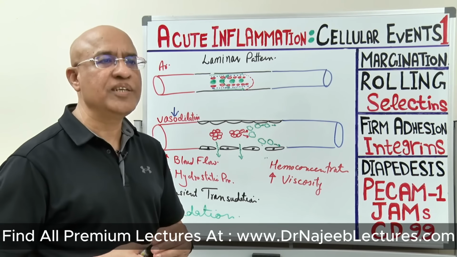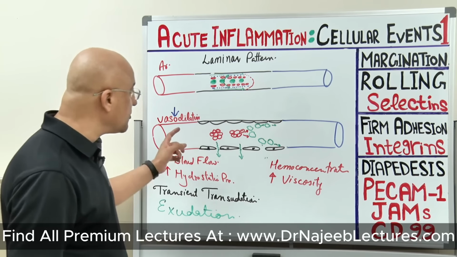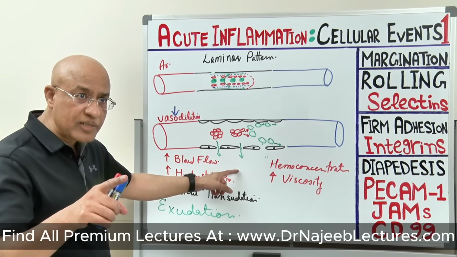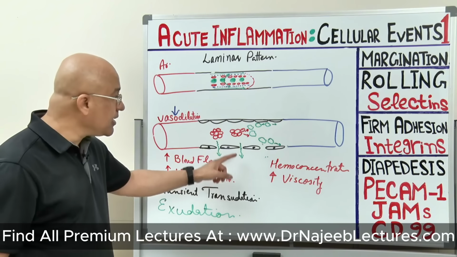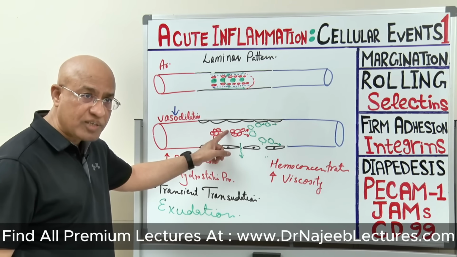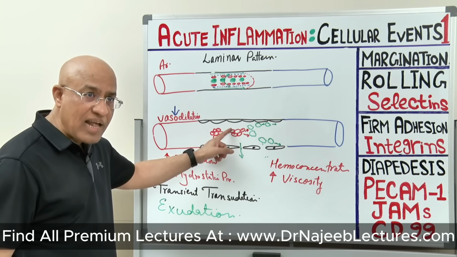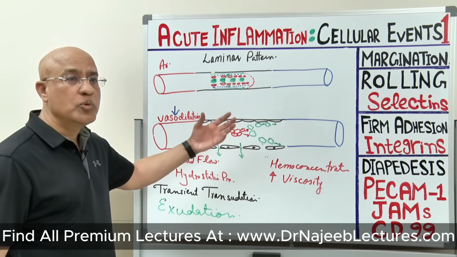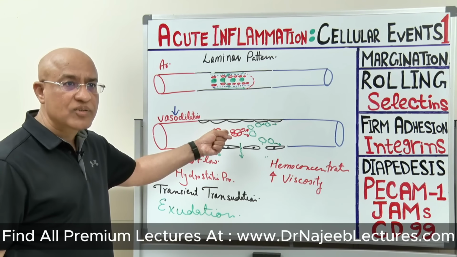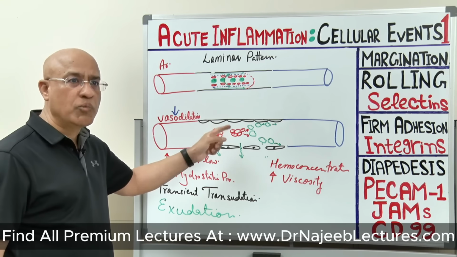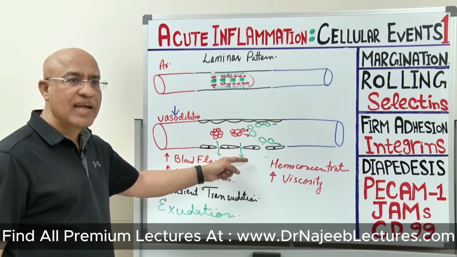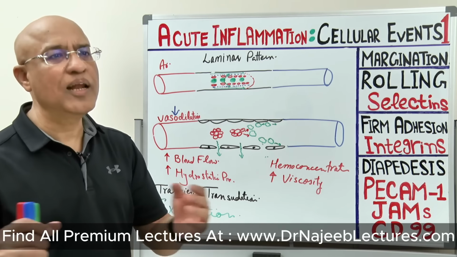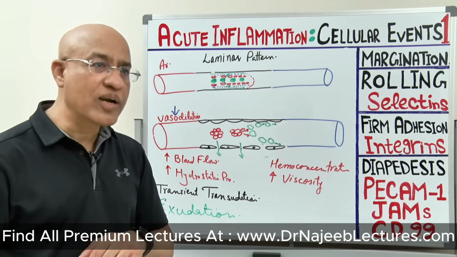All these chemical mediators, by mediating the vasodilation and by increasing the permeability of the microcirculation, lead to hemoconcentration and viscosity and congestion in this area, and eventually these changes lead to red blood cell aggregates which kick the individual white blood cells to the margins and they bump into the endothelial lining.